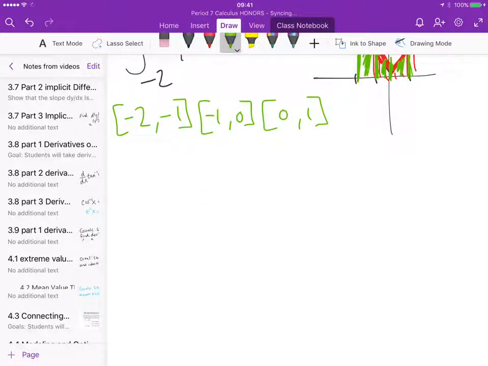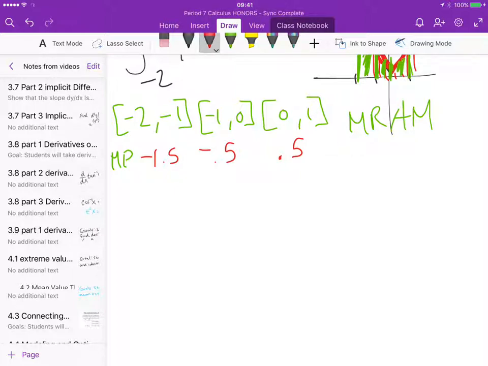All right, so we have these 3 intervals that we are dealing with. We're going to use MRAM here, midpoint, so we're going to find the midpoint of each of these 3 intervals. In between -2 and -1 is -1.5. Between -1 and 0 is going to be -0.5. Then in between 0 and 1 is going to give us 0.5, or half.